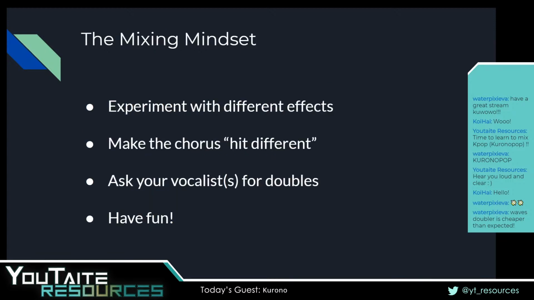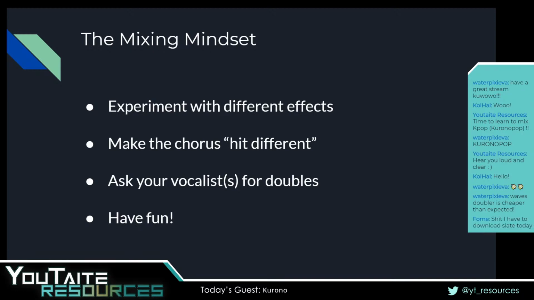So the mindset I like to use when I approach a mix: first off, I like to think about pop mixing as an experiment. Pop songs, especially covers of existing pop records, will have radio effects, echo effects, heavy reverb sections, and a lot of different things to go through, versus an acoustic mix with a singer and guitar, where you just put EQ and compression on, very little reverb, and maybe automate the volumes here and there to make it smooth.